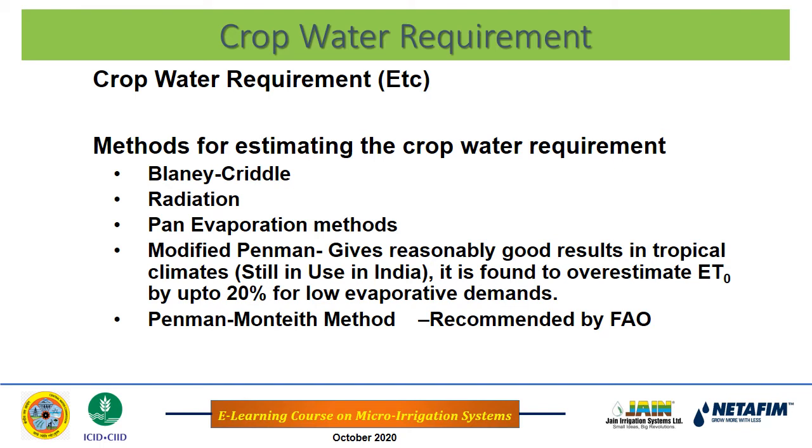Similarly, pan evaporation at different times at a particular location is correlated with crop water requirement. Then there are methods which have been more frequently used, like the modified Penman method, which gives reasonably good results in tropical climates and is still in use in India.